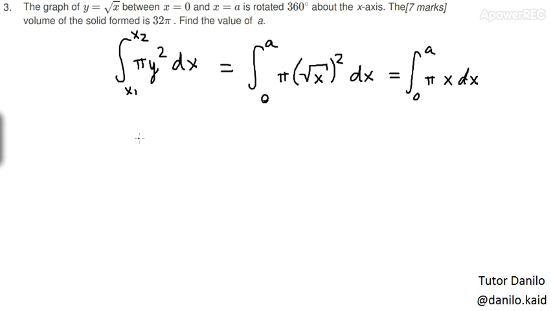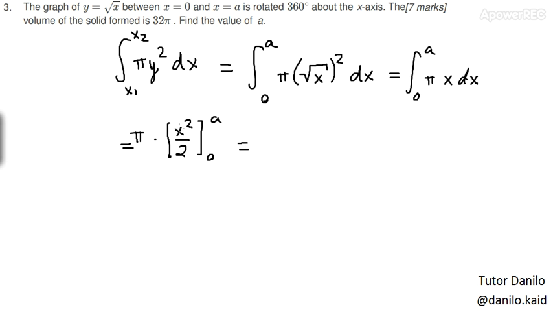You know, the integral of x dx is x squared over 2. So you're going to have pi times x squared over 2 as your integrated function. You're going to evaluate this from 0 to a. So basically that's how you do it.